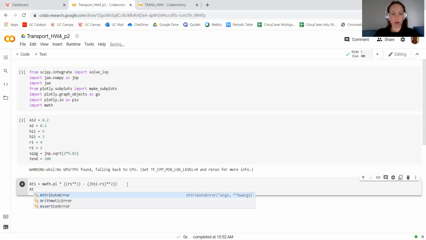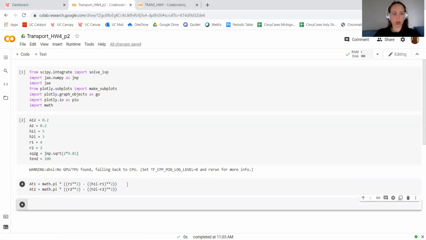And then we can do the same thing for the second tank. So now we have the cross-sectional area of both tanks.